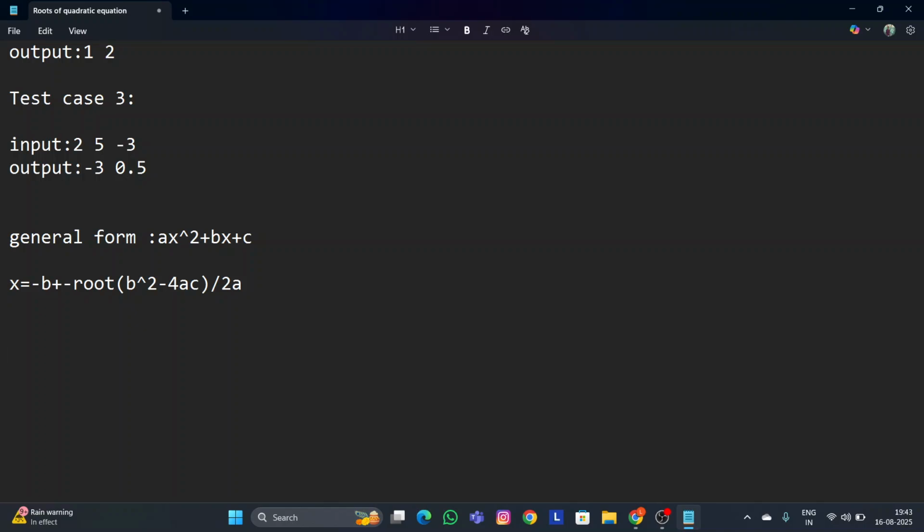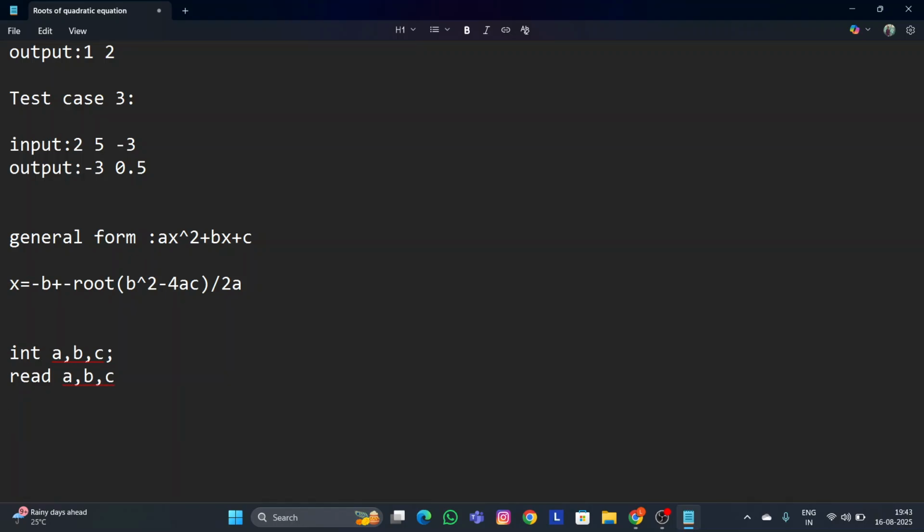Then we will find the roots by using C language or any language. Let's code it. Initially I don't know the a value, b value, c value, so I am reading them with scanf percentile d. I am writing the algorithm now: read a, b, c values.